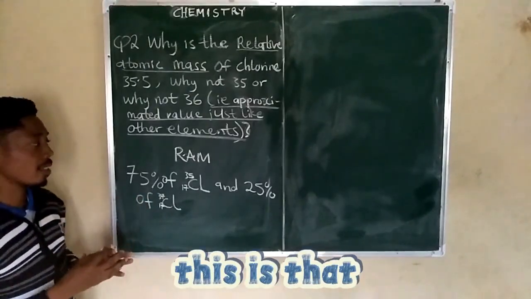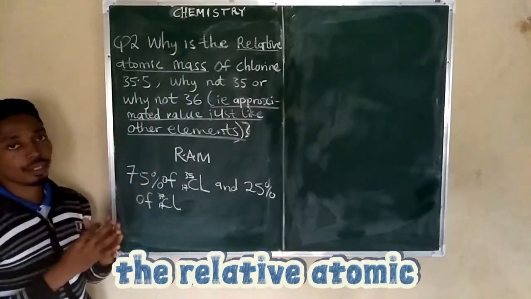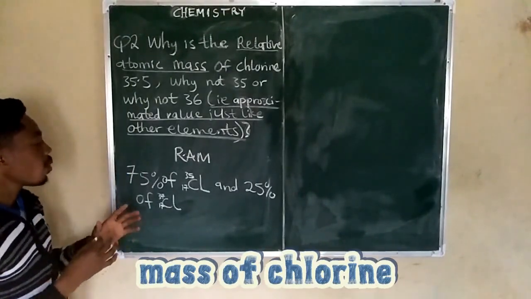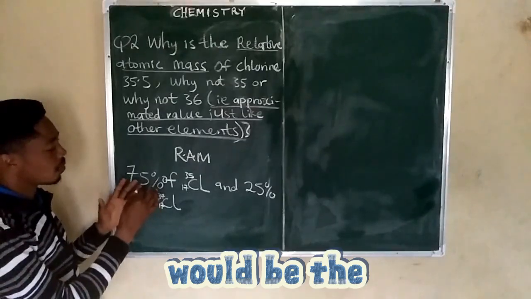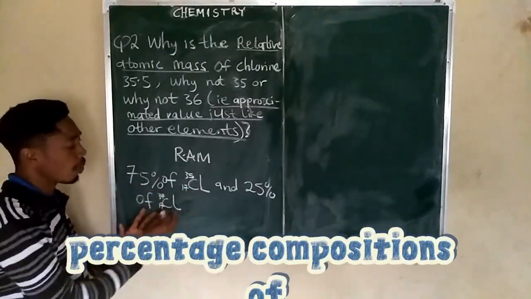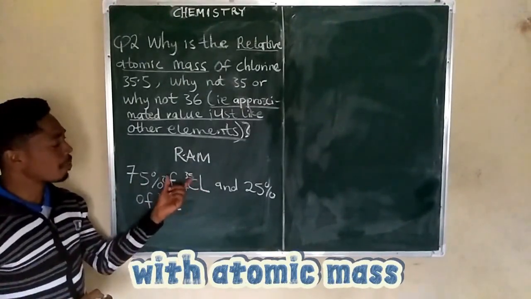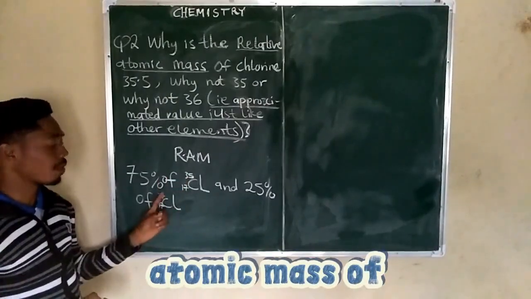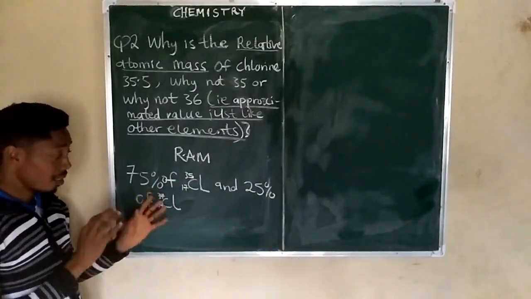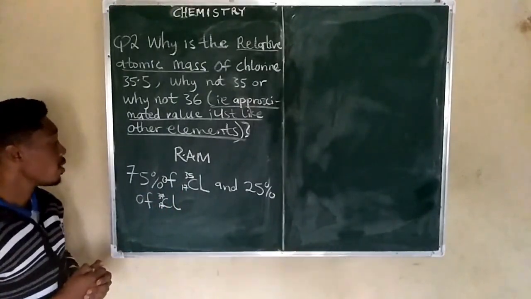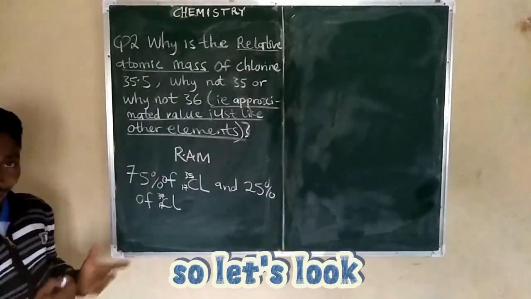The implication is that the relative atomic mass of chlorine would be the sum of the average percentage compositions of these masses. Chlorine-35 is a chlorine atom with atomic mass of 35 and this with atomic mass of 37. That means there's a difference in the number of neutrons there. So let's look at this.